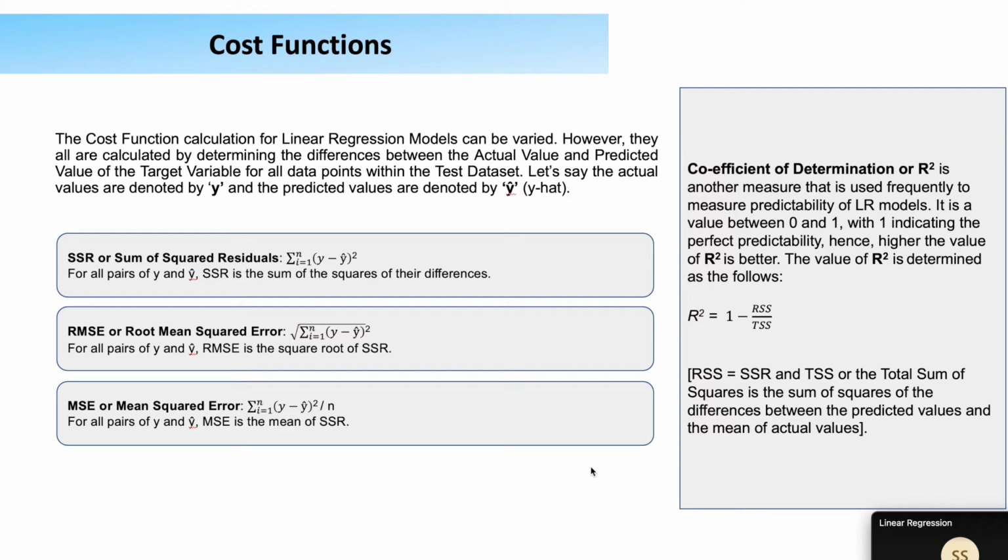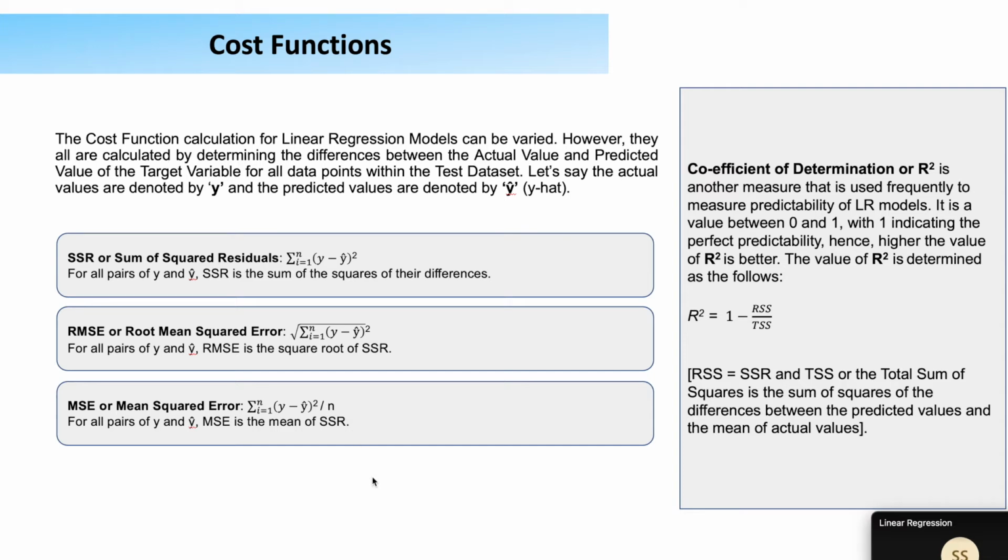So in case of linear regression, the most used cost parameter is MSE, or mean squared error, which is essentially the equation of all actual values minus corresponding predicted values, squared and summed, divided by n. N is the number of observations that we have, or the number of rows in your data set.